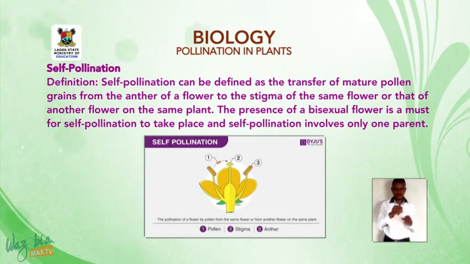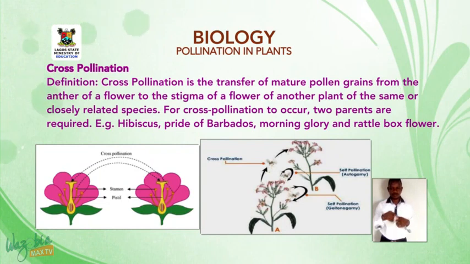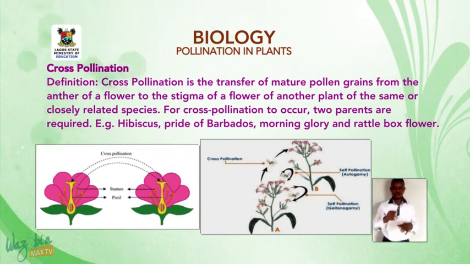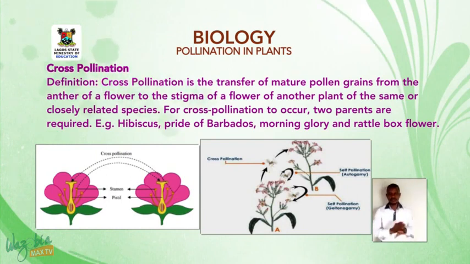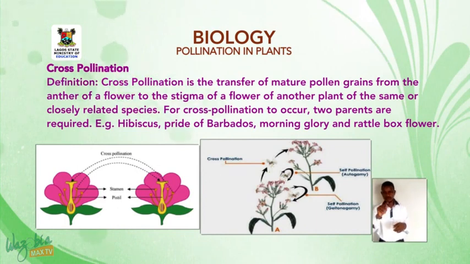Look at the picture for self-pollination. Now we go to cross-pollination. What is the meaning of cross-pollination? Cross-pollination is the transfer of mature pollen grains from the anther of a flower to the stigma of a flower of another plant of the same or closely related species.